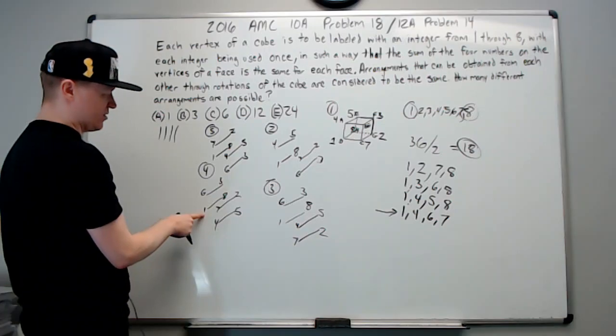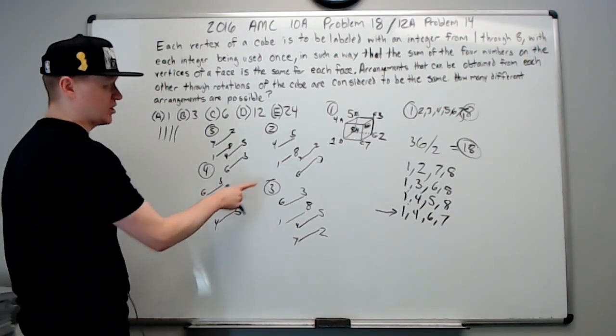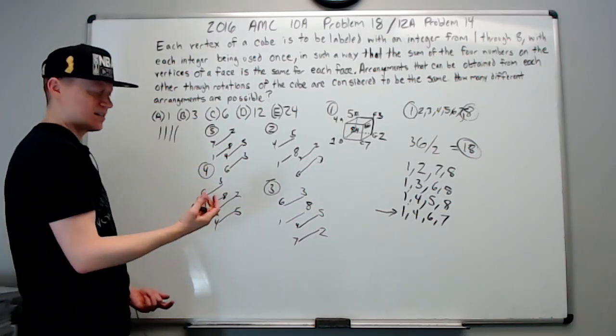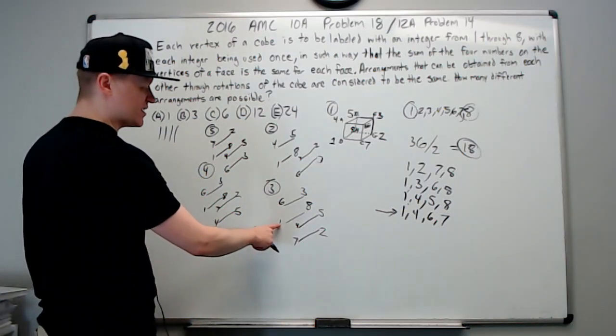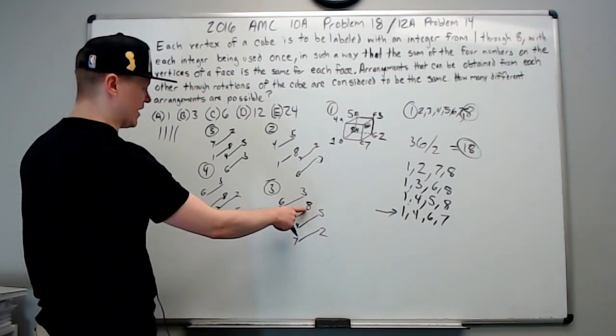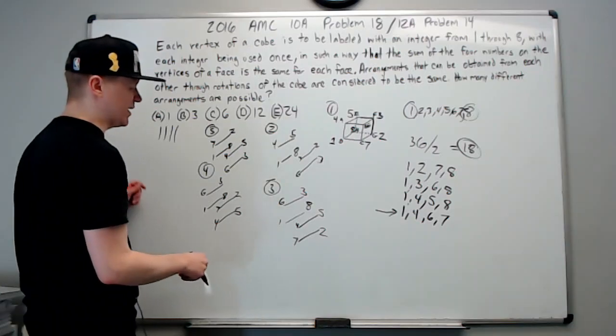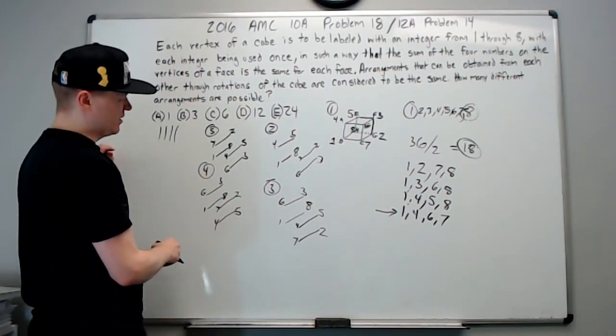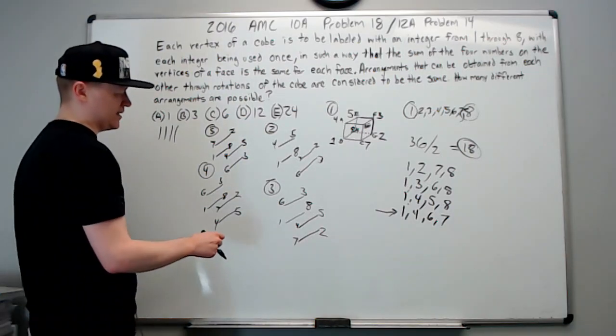Can I do that here? 1, 6, I have to cross over 1, 6, 4, 7 like that. That's not the same thing as going around clockwise or counterclockwise. This one does have 1, 6, 4, 7, but the other side goes 8, 3, 5, 2. Is this a rotation of this one? No, I don't think it is.